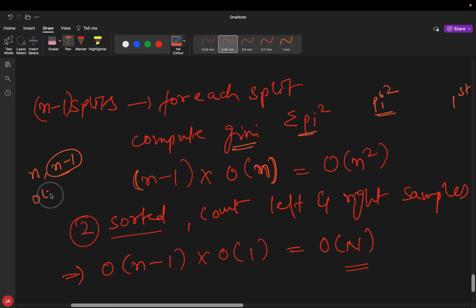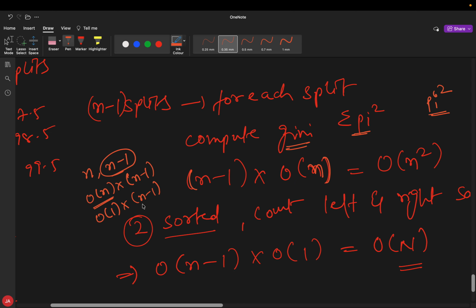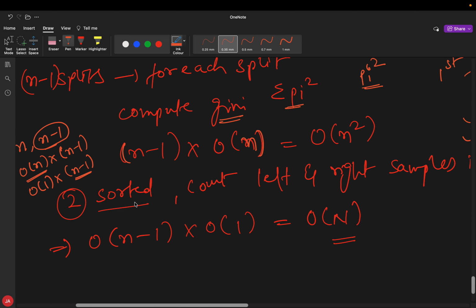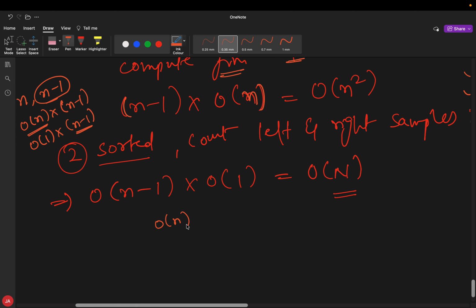So the time complexity becomes O of n into n minus 1. But as computing for n values is not required, we just update the pointers, it becomes O of 1. So we are left with O of n minus 1, which can be written as O of n.